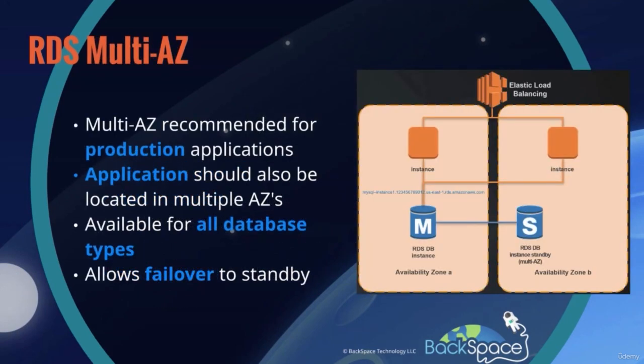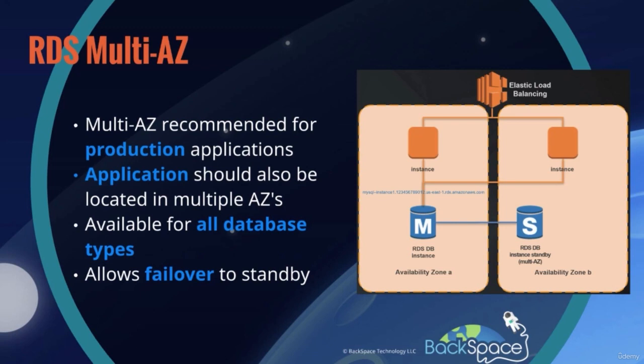If you are going to be deploying a production environment, it's always recommended to enable multiple availability zones, not only for your database, but also for your application that's going to be accessing that database, because there's no point in an availability zone going down and having your database keep running if your application doesn't keep running as well, and vice versa.